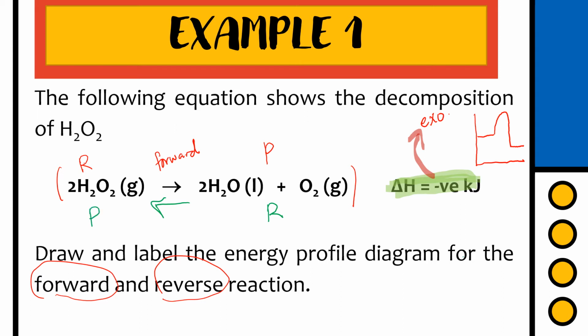Keep in mind, if the forward reaction is exothermic, the reverse reaction will be endothermic. So the energy profile diagram that you will draw for the reverse reaction will be the one for an endothermic reaction. Let's take a look at how to draw the energy profile diagram step by step.